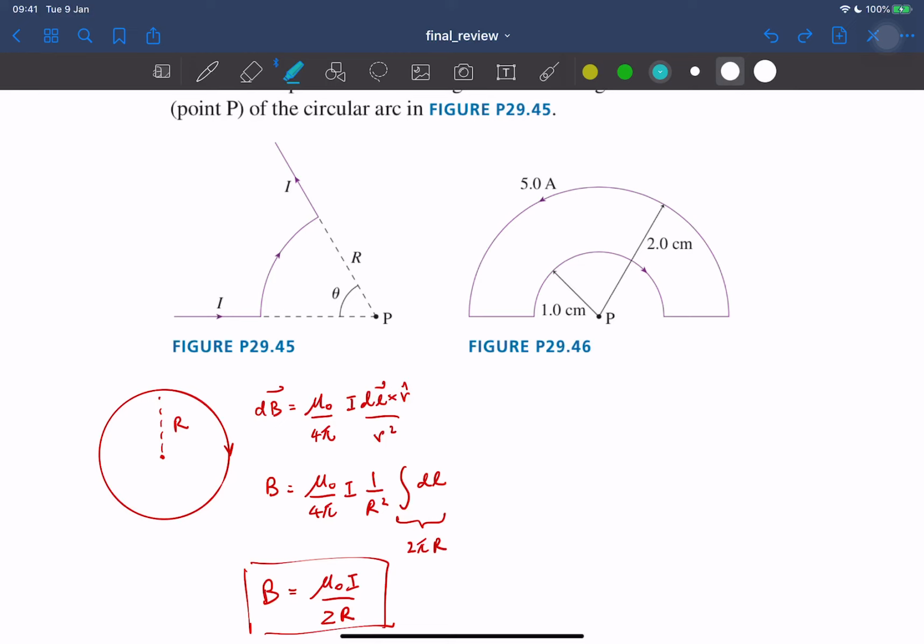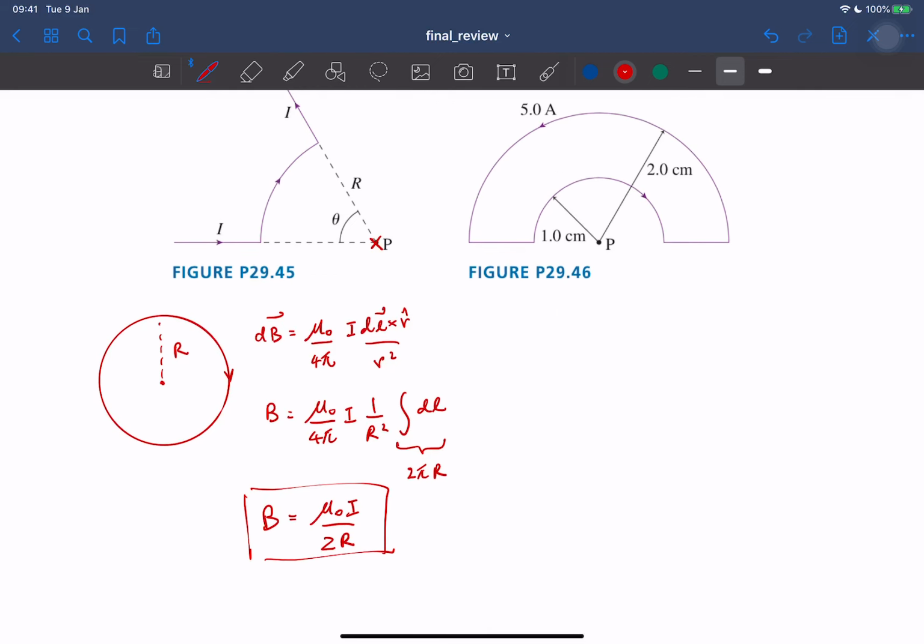So let's talk about the direction first. Since the current is going that way, using your right hand rule, the magnetic field at point P is going into the page. Okay, and we know that if you have a complete loop, the magnetic field is given by this. But if you have only a partial section of the circle, then it's going to be less, right?